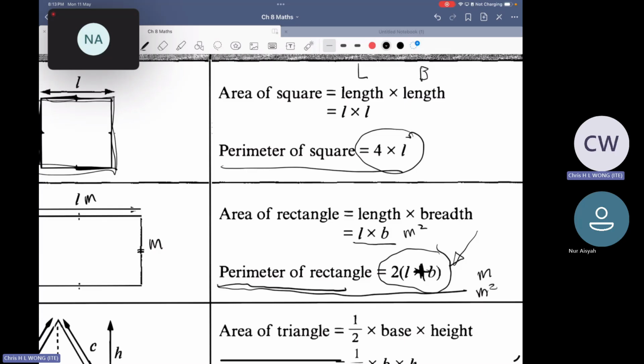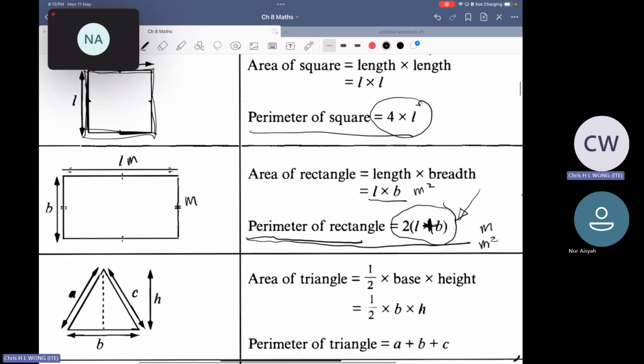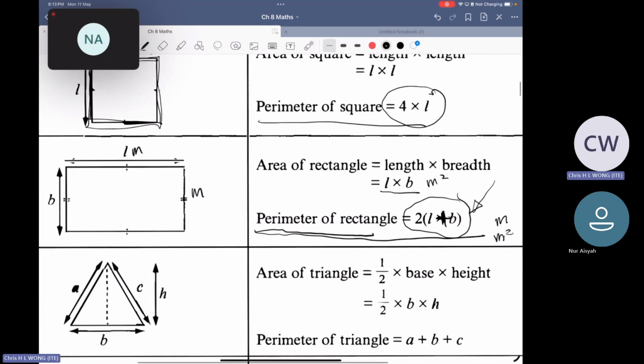Square and rectangle are very easy. So now we have more figures. Let's start with the triangle. How do you find the area of a triangle? You've got to remember this formula, no choice. The area of a triangle is half base times height.